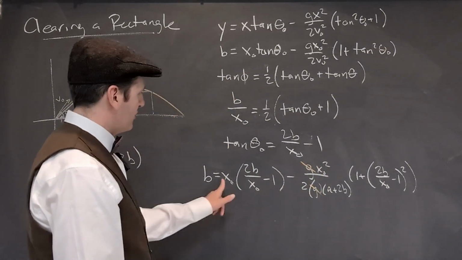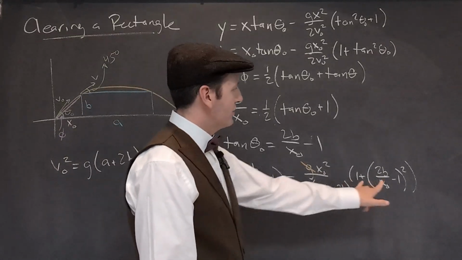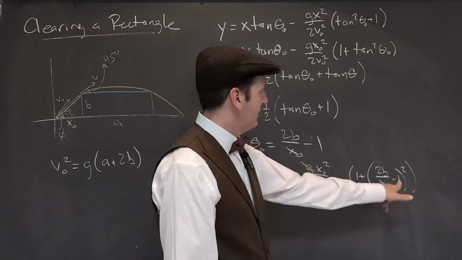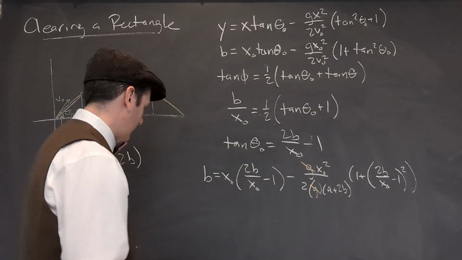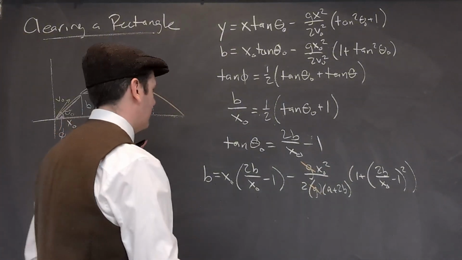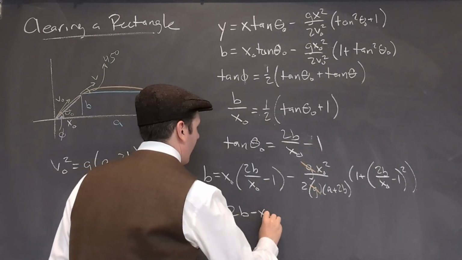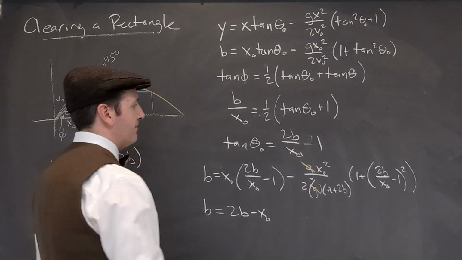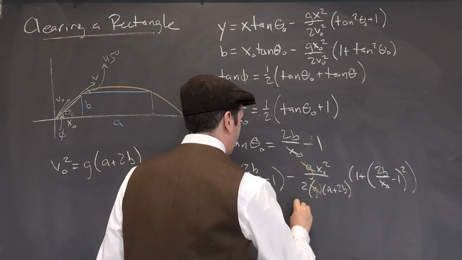And then I'll distribute in this x naught. I will also square out this binomial and then distribute in this x naught squared. That should get all of the x naughts out of the denominators. So let's do that before we get to the next piece. There's our first simplification. I'll go ahead and leave this in the denominator for now.